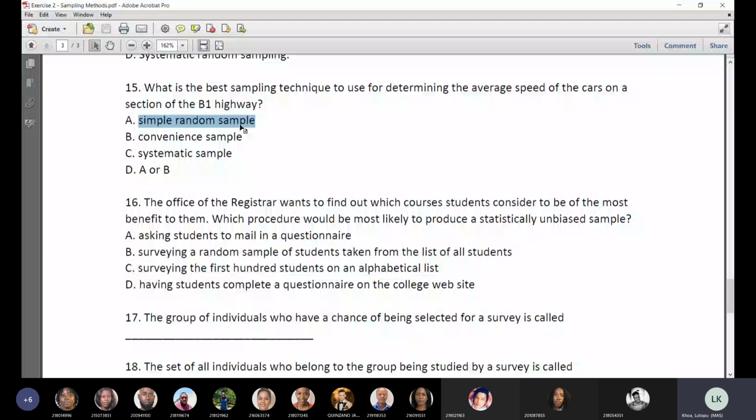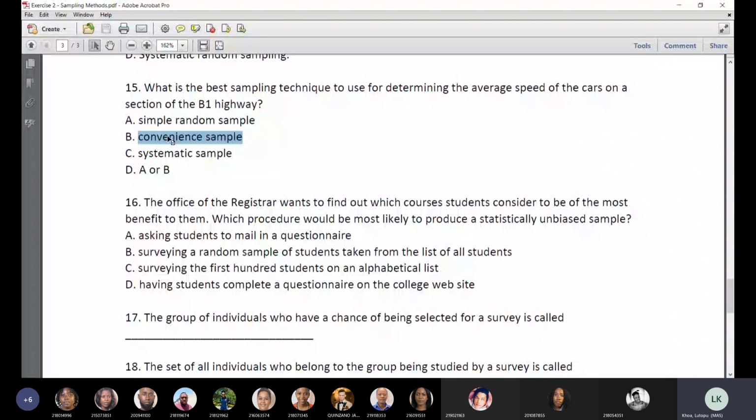So usually if cars are just going past, I don't think the police with their scanners have a list of all the cars that are going by. So I don't think it'll be simple random. Convenience, you can use convenience.